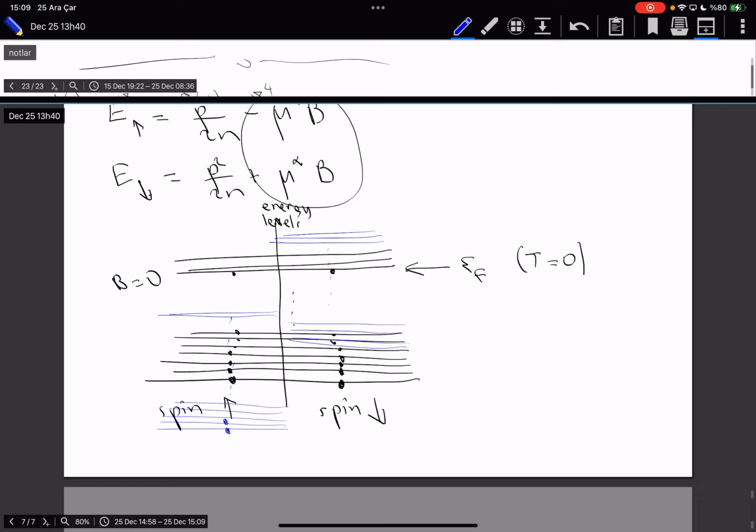So on the average, you won't get any net spin or magnetization. But now, since the energy levels are shifted, first these lowest energy states are filled, which are the spin-up states. They will be filled until the first spin-down state. Now, once you reach the energy of the first spin-down state, if you keep adding electrons, one will be spin down, the next will be spin up, spin down, spin up.